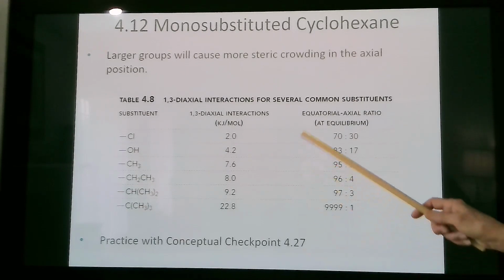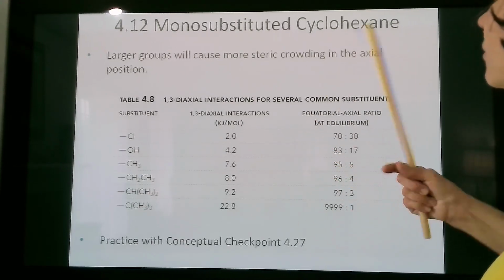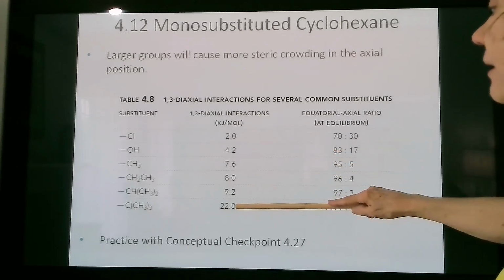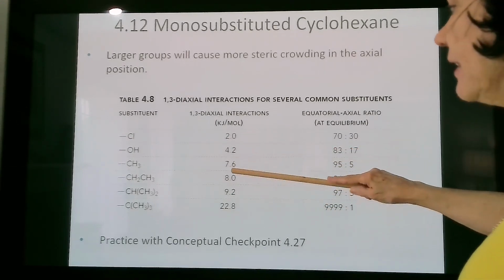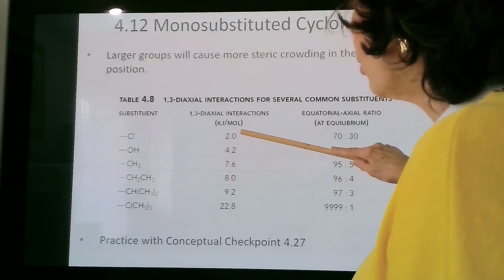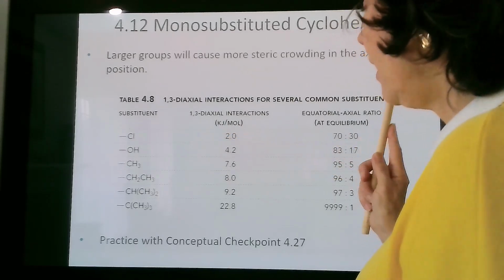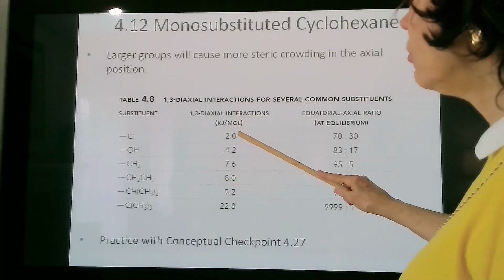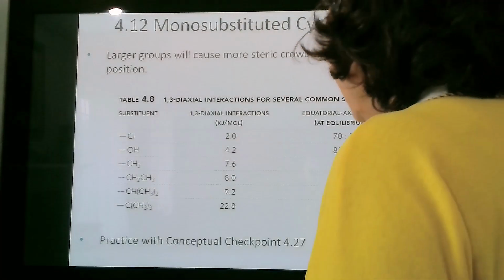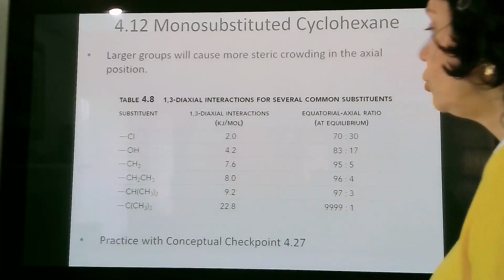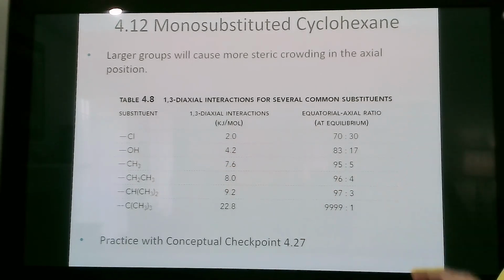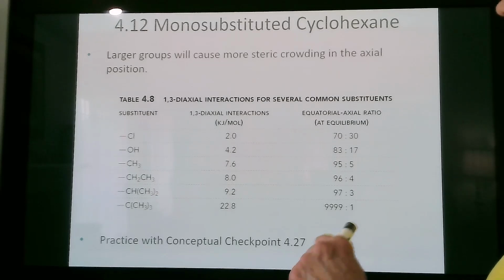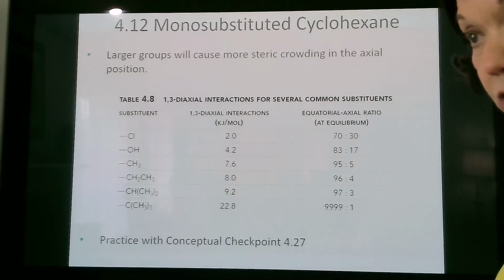Here are the energy estimates of the 1,3-diaxial interactions. If it's a chloro substituent in the axial position, that's going to increase the energy by 2 kilojoules per mole relative to having the chloro substituent in the equatorial position.